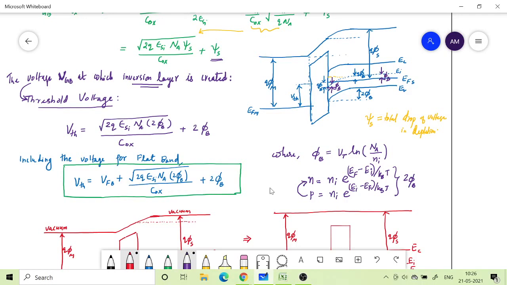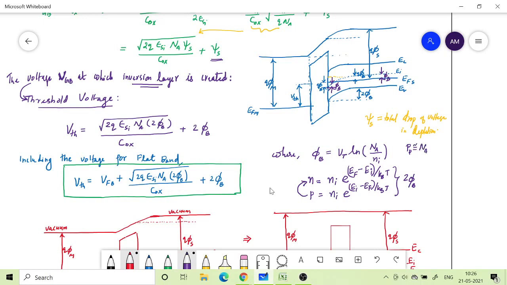This relationship I have derived and shown in the last class. If you do not remember it, go back to that previous class and refresh. I have given those expressions in detail. It is basically an inversion of these expressions, where the hole concentration in this region, P, is equal to Na.